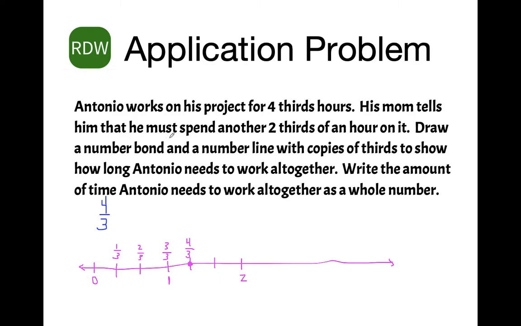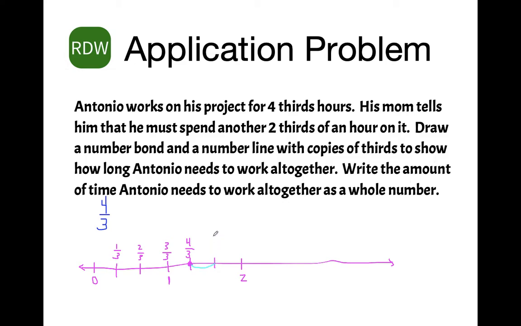But his mom tells him that he must spend another 2/3 of an hour on it. Okay, so we need to add 2/3 more. Now what we can do is I'm going to switch colors so that you guys can see exactly what I'm about to do. And so if we added 2/3 more, here I'm going to move this.